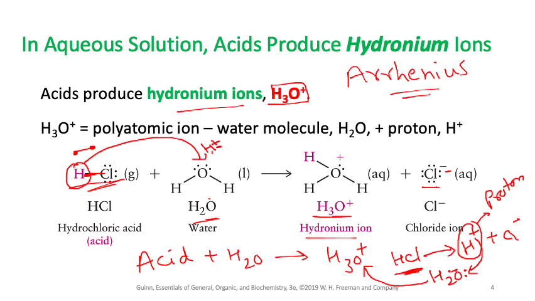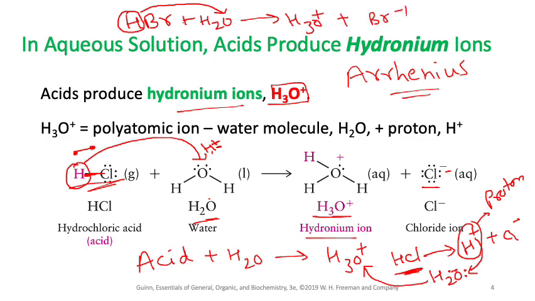Let's take one more example, HBr. If you have hydrobromic acid, is it an acid or a base? Let's figure it out. If you put this hydrobromic acid in water, what's going to happen? Again, the hydrogen from the hydrobromic acid is going to come and bind with the oxygen and produce H3O+ ion, and then the bromide will get a negative charge, a -1 charge.